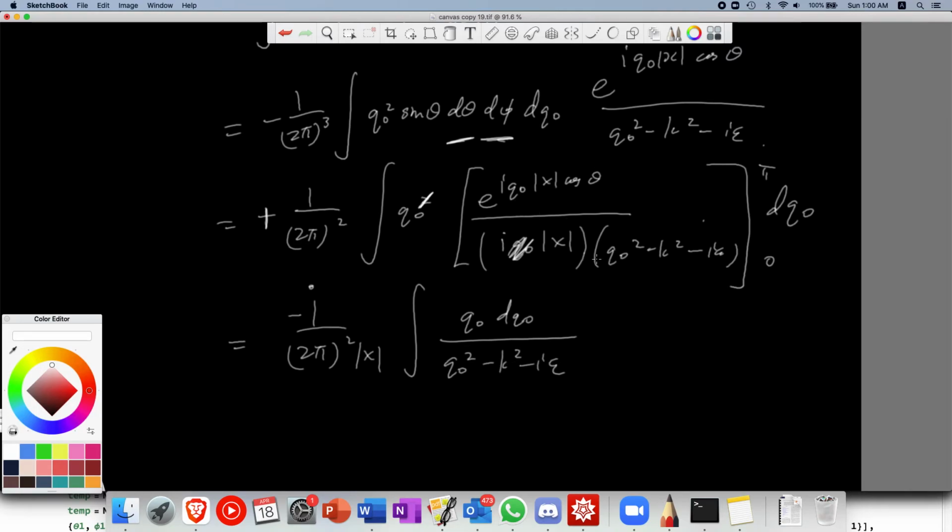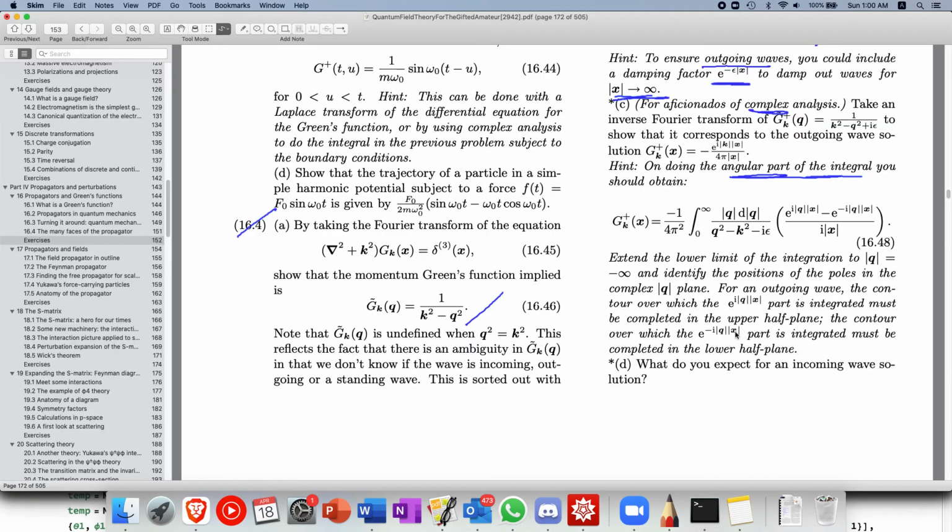Then we evaluate this, so we have e to the power of minus i q naught x minus e to the power of i q naught x. So let's check that.